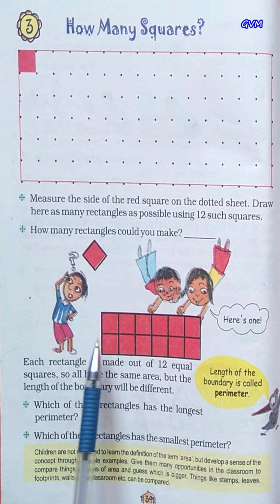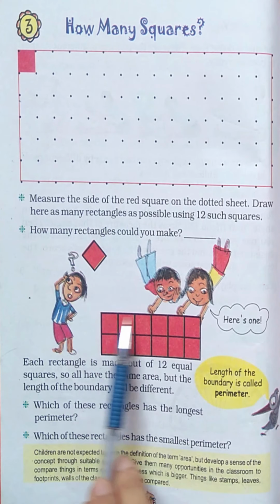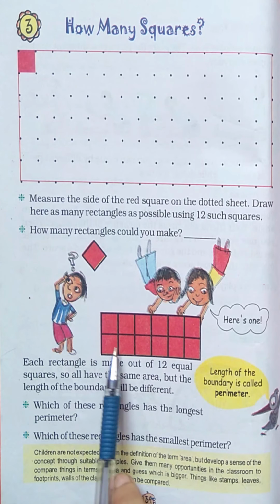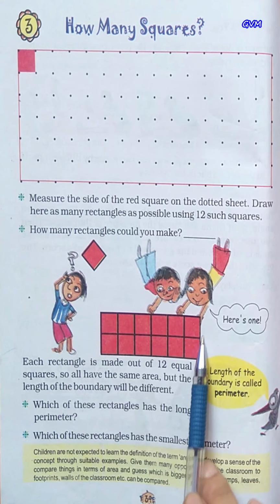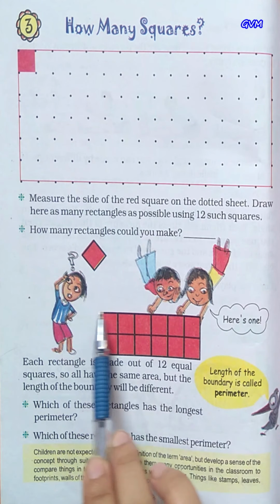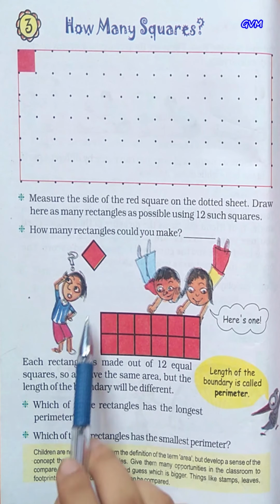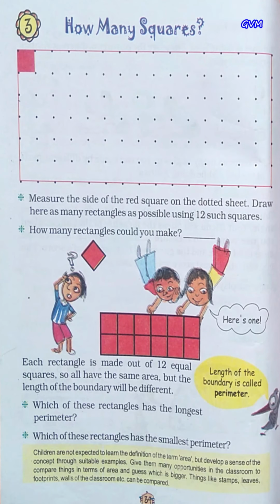Now the boundary will be different, because if these bottom 6 squares are placed along with these 6 squares, this time the boundary will be different because the length will be more and the breadth will be less. Now we have to tell which rectangle will have the longest perimeter.